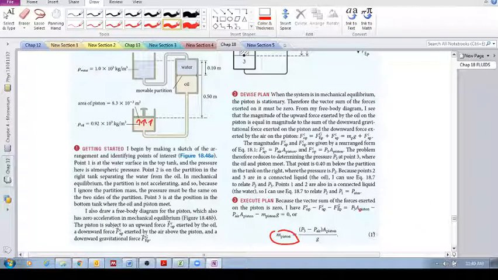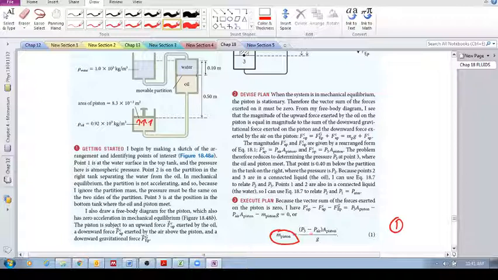So that's step one: to get the mass of the piston in terms of the atmospheric pressure and the pressure in the oil, which is P3. Now, what is P3? That seems to be the key here.